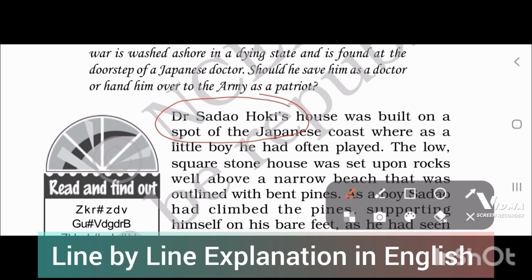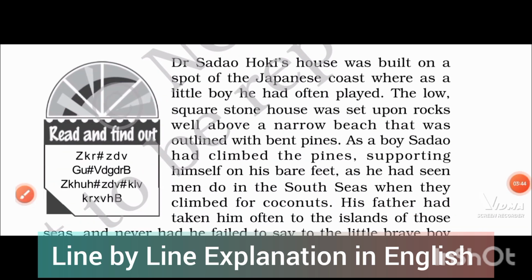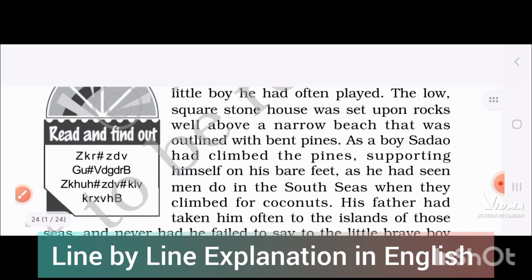Now, the first few lines mention: Dr. Sadao Hoki's house was built on a spot of the Japanese coast where as a little boy he had often played. Now here Dr. Sadao is really very famous, but still he is remembering his past.